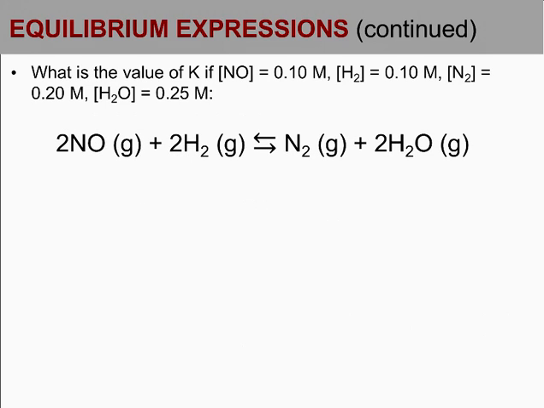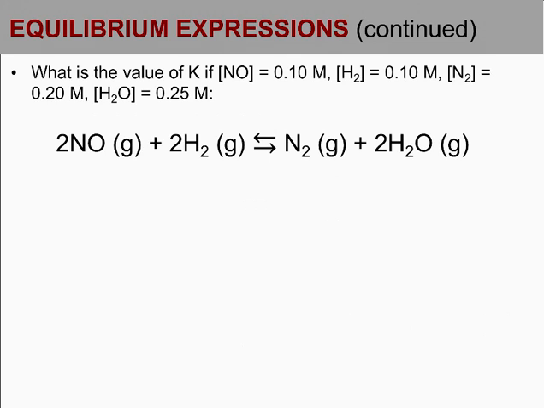All right, so let's do a practice problem where we calculate the equilibrium constant for this reaction. So what is the value of K if the concentration of nitrogen monoxide at equilibrium is 0.1 moles per liter, the concentration of hydrogen gas is equal to 0.1 moles per liter at equilibrium, the concentration of nitrogen is 0.2 moles per liter, and the concentration of water is 0.25 moles per liter at equilibrium.